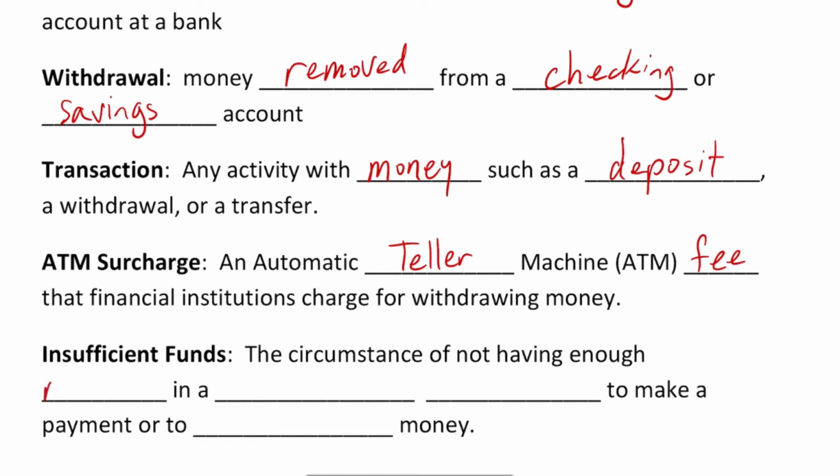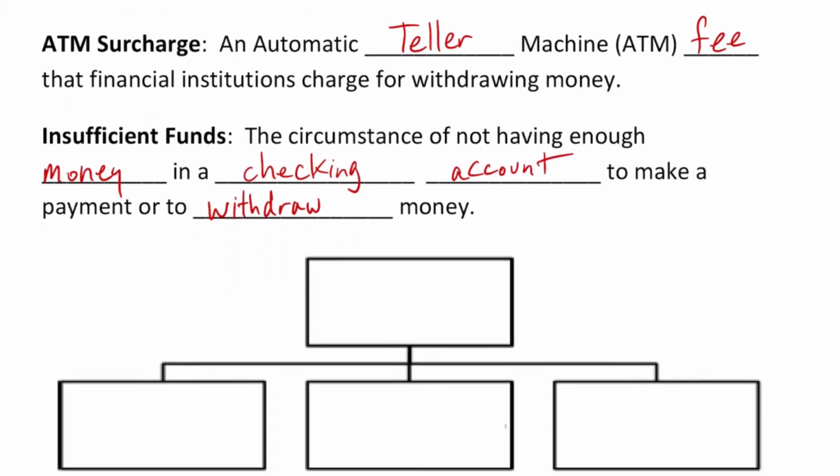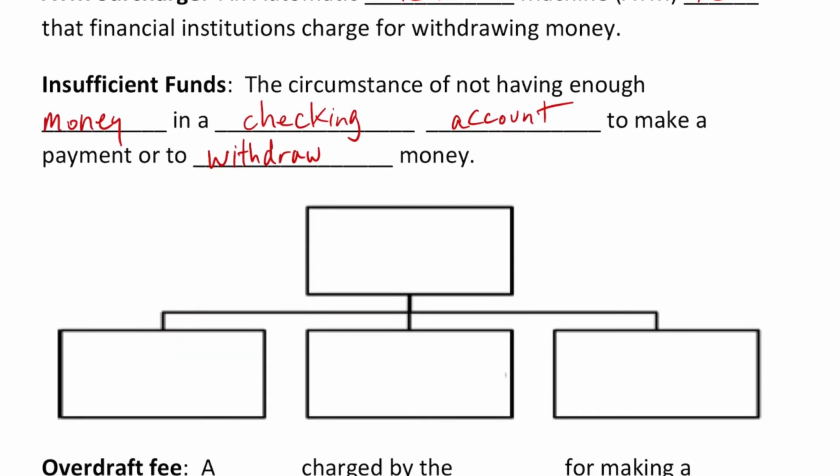It's the circumstance of not having enough money in a checking account to make a payment or to withdraw money. So if I'm trying to take money out of my account, I'm trying to spend money, and I don't have enough in there, that's called insufficient funds. Now, there are 3 different ways of dealing with insufficient funds, and we are going to talk about those.